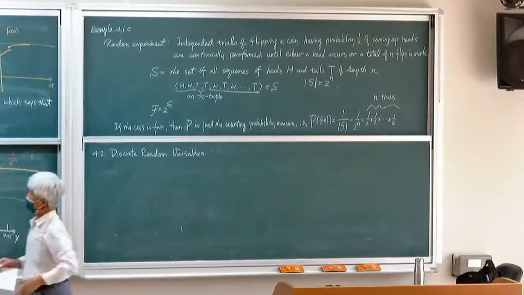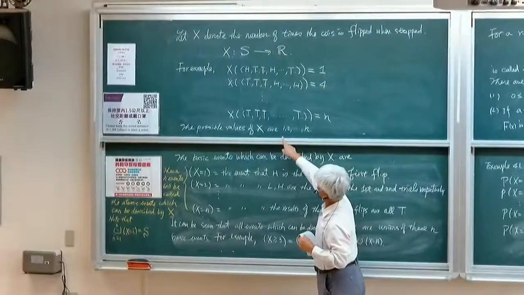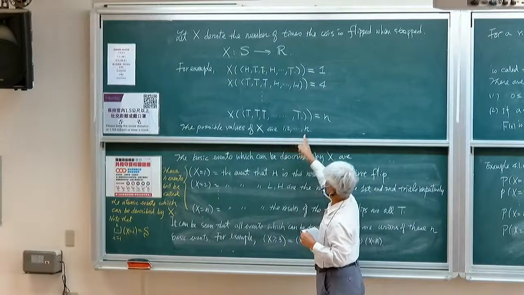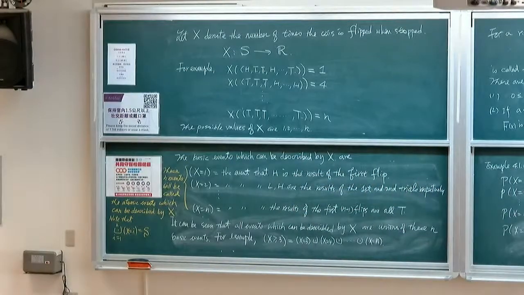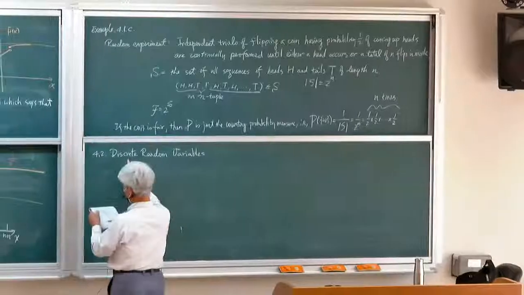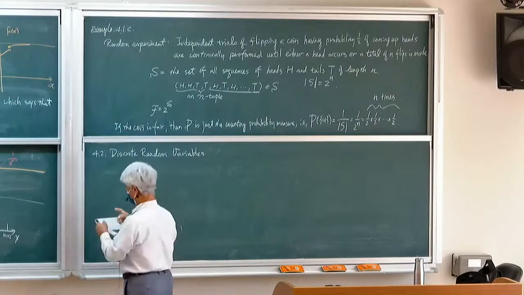For example, for this example here, X has the possibility of X being 1, 2, up to n, so there are only n possible values. So this is how we will categorize such kinds of random variables.